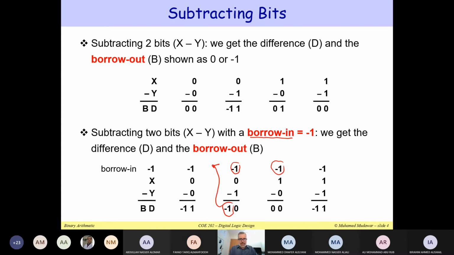And finally here, I have my borrow in. I can borrow it from the 1. So it becomes 0. But 0 minus 1, I have to borrow again. So in order to borrow again, this 0 becomes 2. 2 minus 1 becomes 1. So this shows you all the 4 cases that you are going to encounter when we do subtraction.